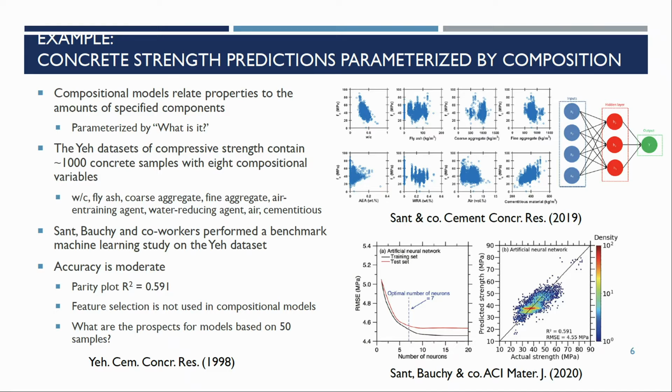And so for these 1,000 samples, what you see are the correlations between the compressive strength and, say, in the top left, the water to cementitious ratio. Obviously, we know that as we increase the amount of water, the compressive strength goes down. That makes sense.